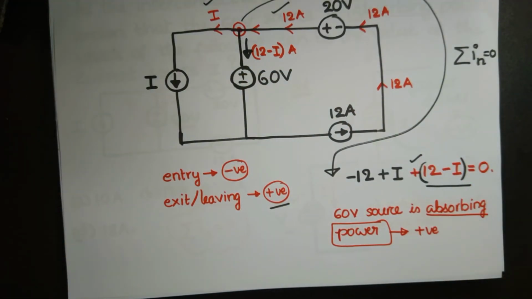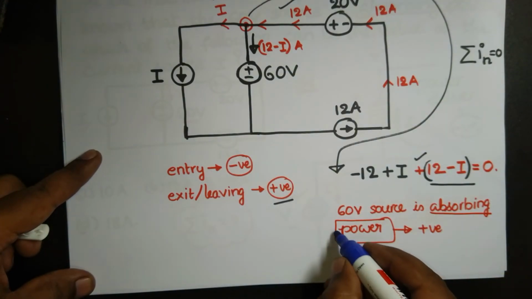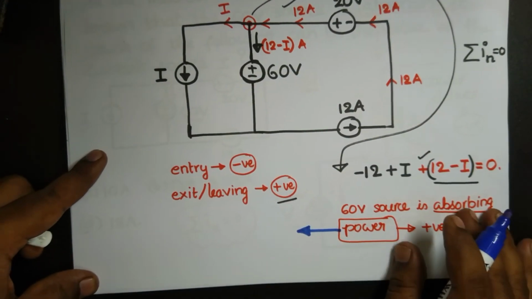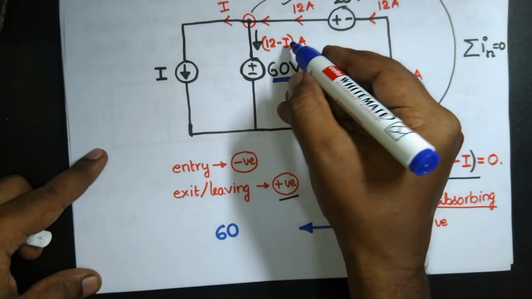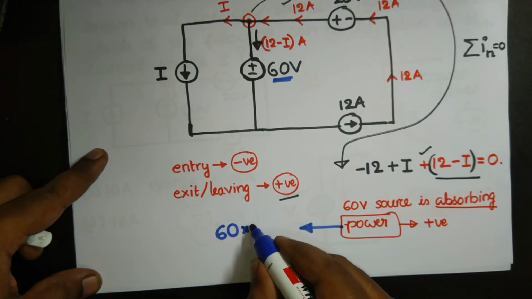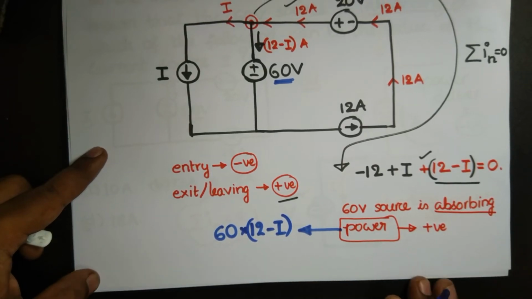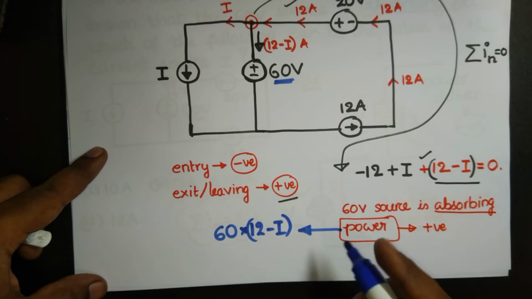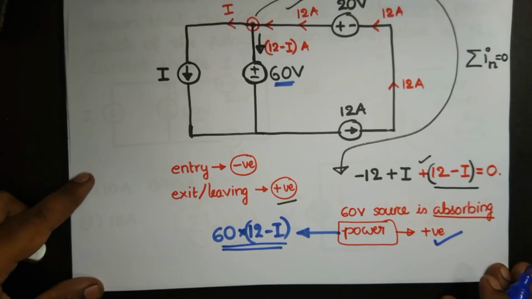What can we conclude from this? Power is 60 volts multiplied by current, so 60 multiplied by 12 minus I. This must be a positive value.